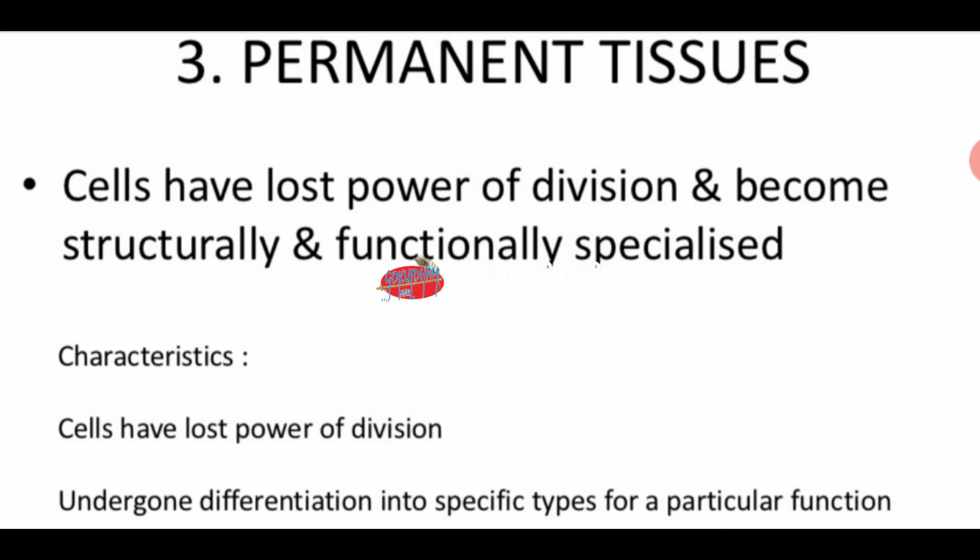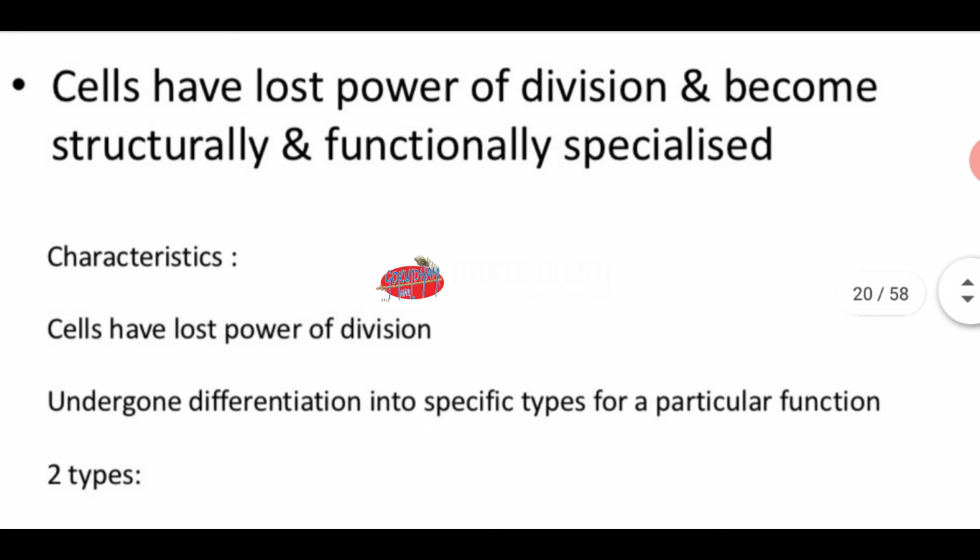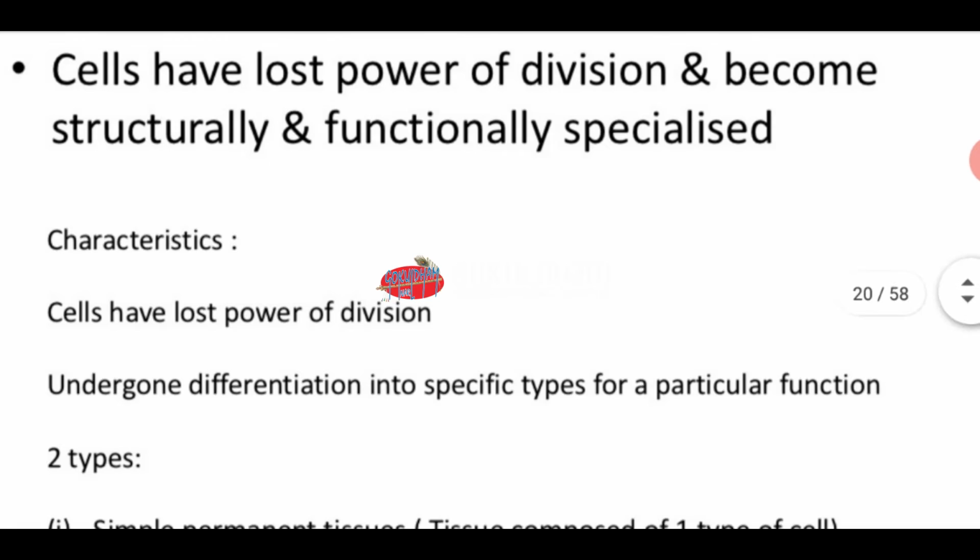The cells have lost the power of cell division and then undergo differentiation into a specific type of particular function. Means कोई particular function करने के लिए वो particular type में convert हो जाते हैं.